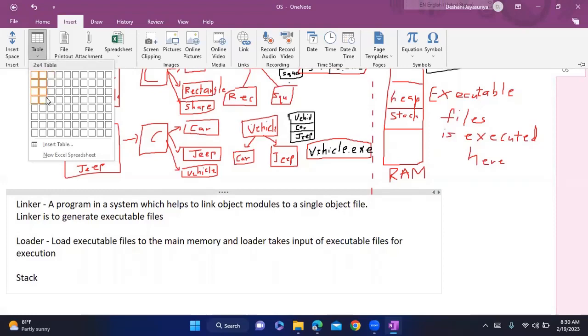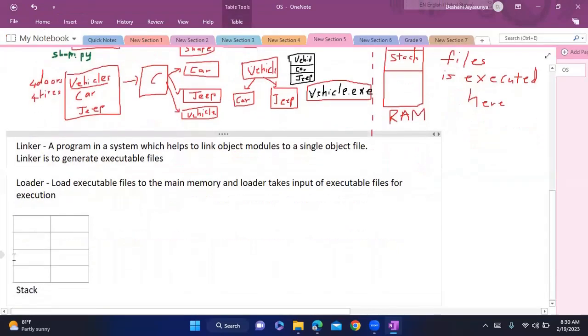You have to know the difference between heap and stack. So we are going to get the difference between these two.